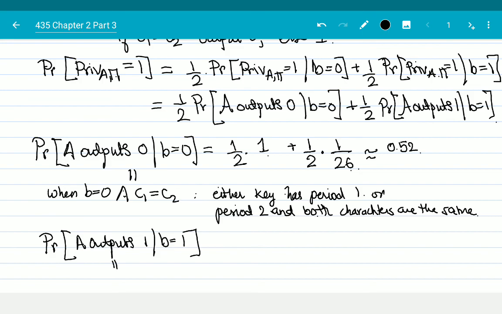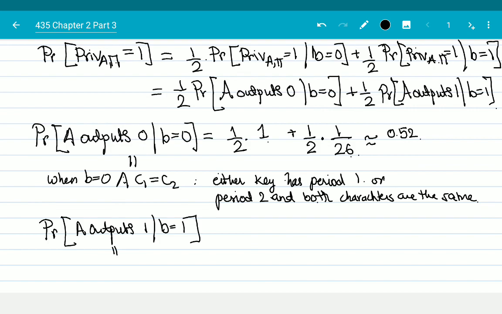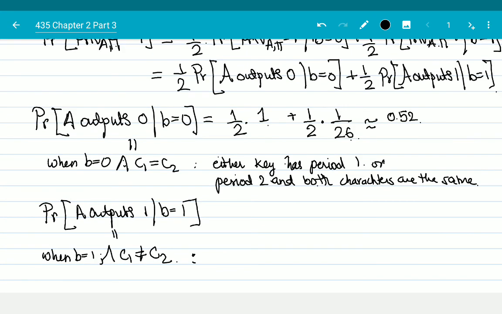When B is equal to 1 and C1 is not equal to C2, the only way that can happen, can it happen if the key has period 1?